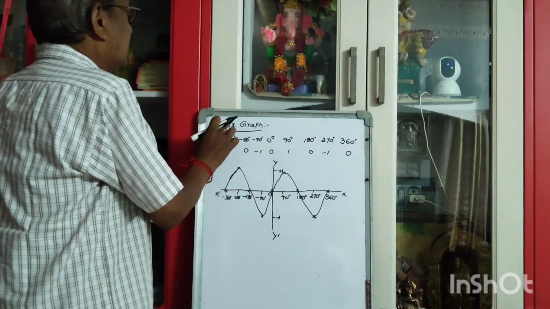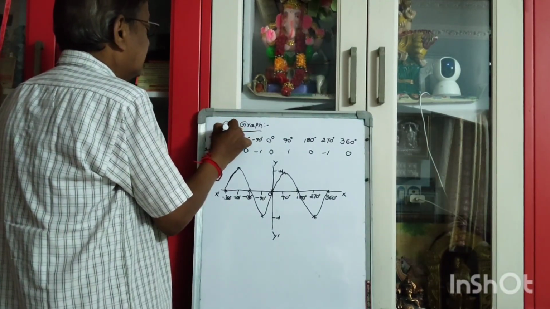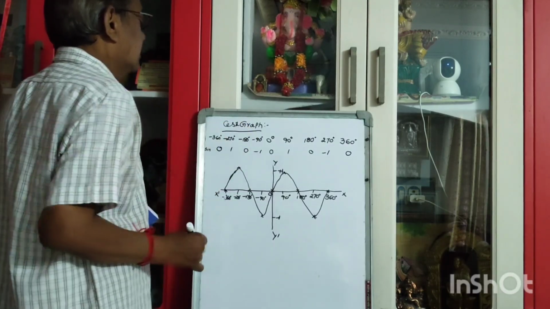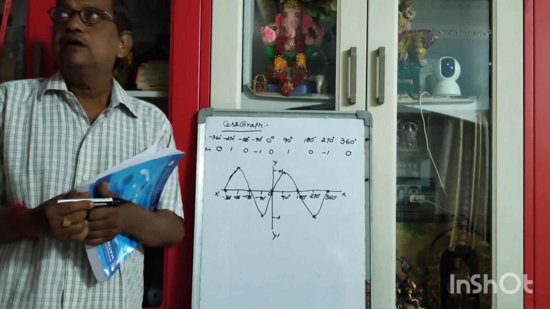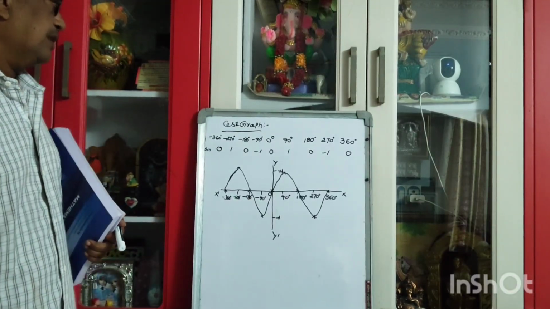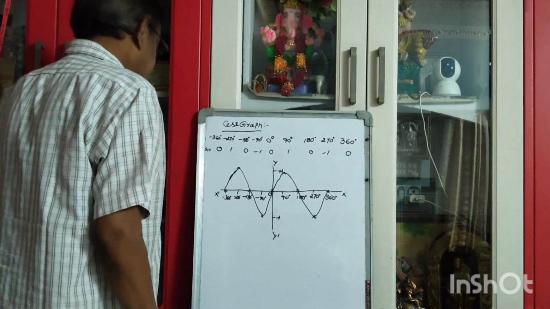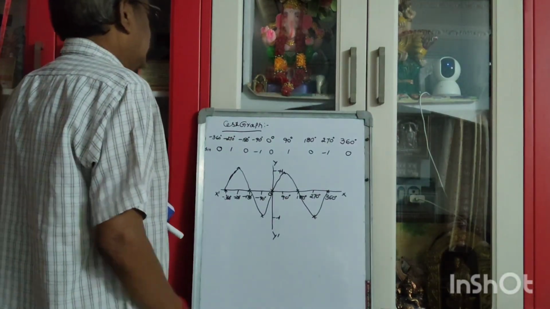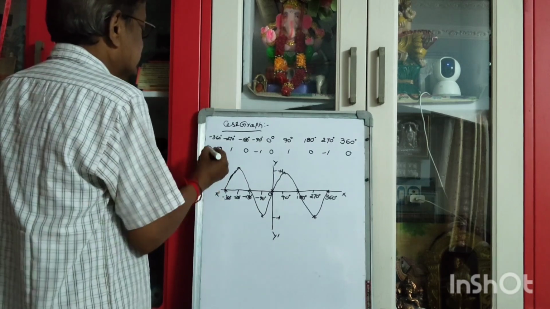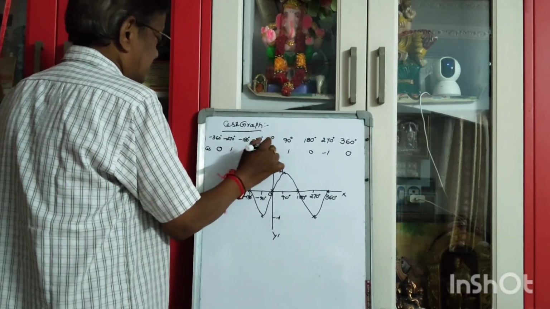In the same model we will discuss about the cos x graph. Consider these values in cos. Cos 0 degrees, you will get 1.